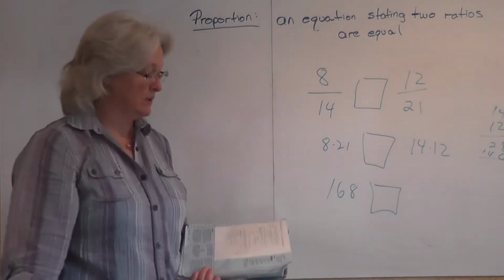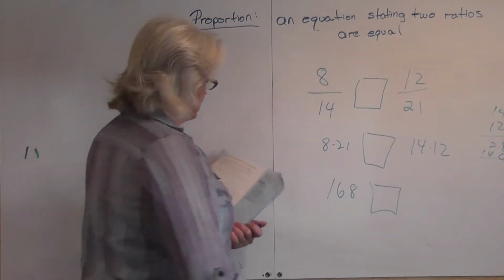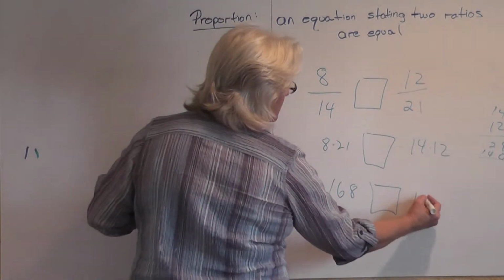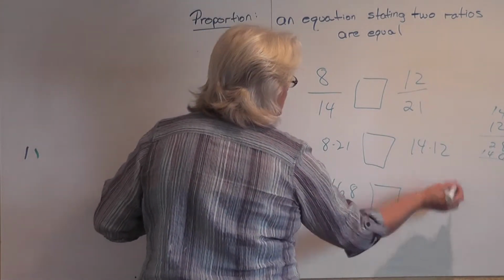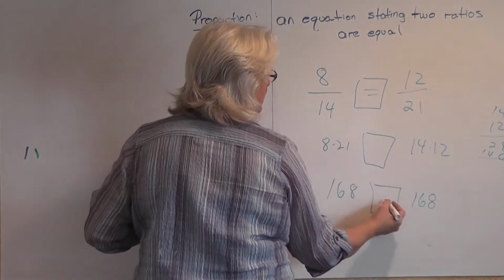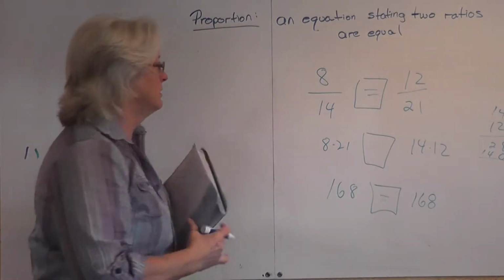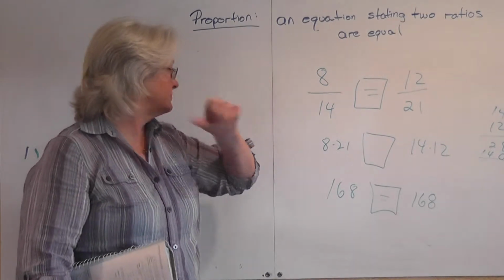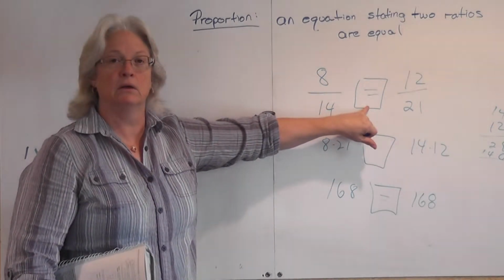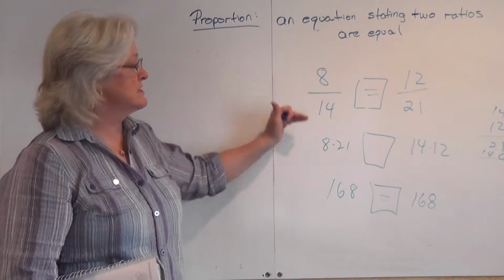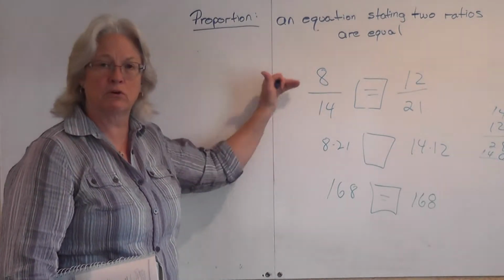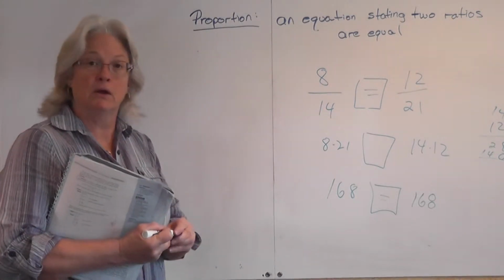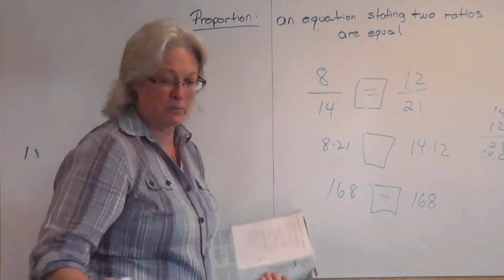Good thing I didn't do it in my head, because the cross products are the same, therefore the symbol that belongs up here is the equal sign. Okay? That's just an example of using cross products to demonstrate that we have a true proportion here.